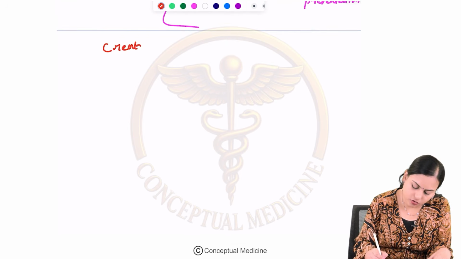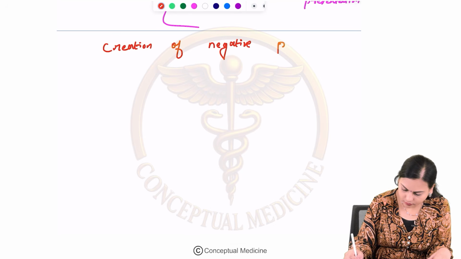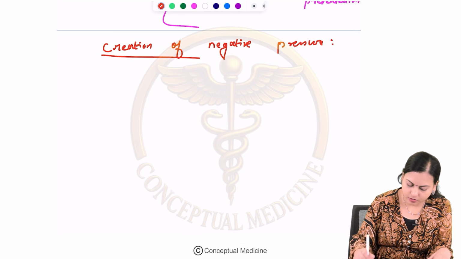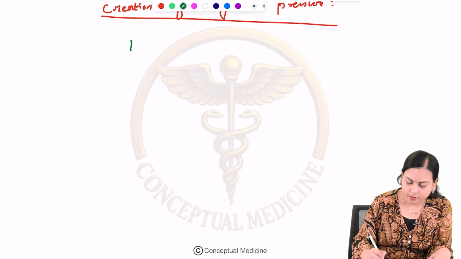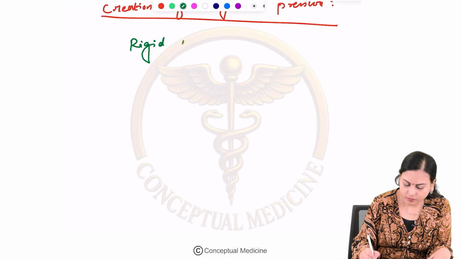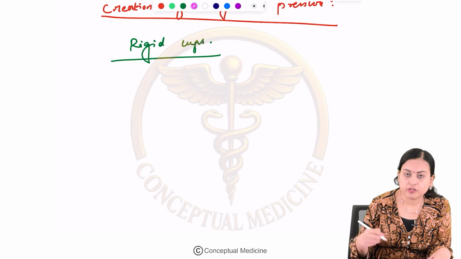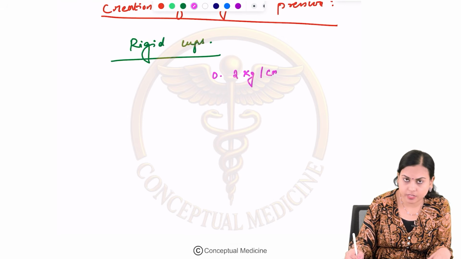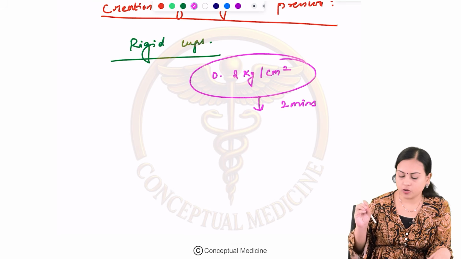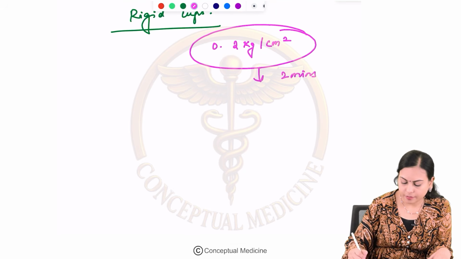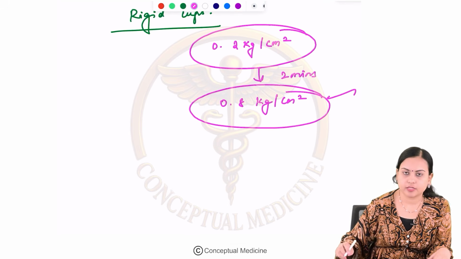So, creation of negative pressure. While you are using rigid cups, the negative pressure is gradually increased from 0.2 kilogram per centimeter square. Every 2 minutes, you can increase 0.2 kilogram per centimeter square until 0.8 kilogram per centimeter square is attained.